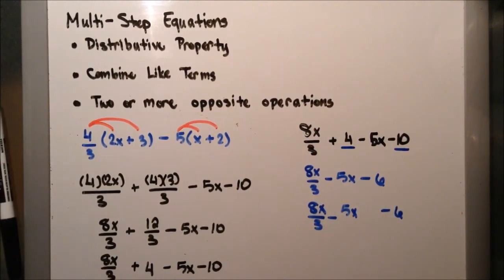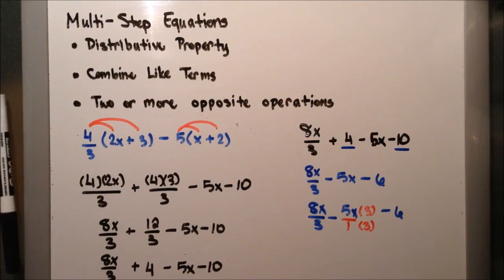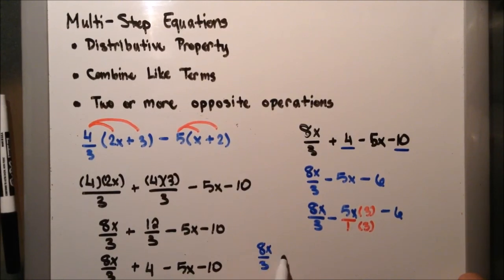As I mentioned before, I'm going to convert 5x into a fraction over 1, then multiply the denominator by 3 so that we can have a common denominator. So when I do that, I'm going to have 8x over 3 minus, then I multiply the 3 on the top, multiply 3 on the bottom. I'm going to have 15x over 3 minus 6.